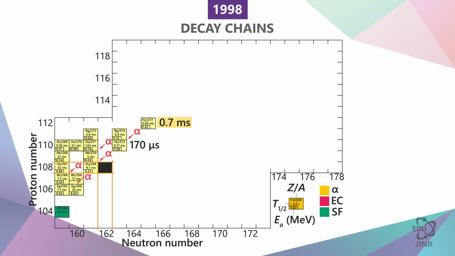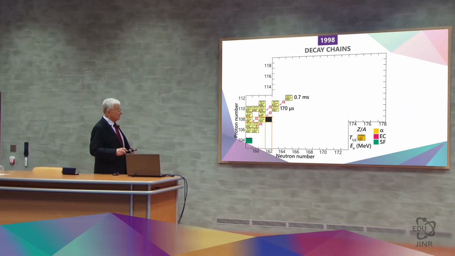The lifetime of the element is insanely small, at only 0.7 milliseconds, but it lives. The heaviest isotope of element 110 has 163 neutrons. Its lifetime is even shorter, 170 microseconds, but it also lives on a nuclear scale. We must correctly understand that the fact that they exist at all is already a lot.